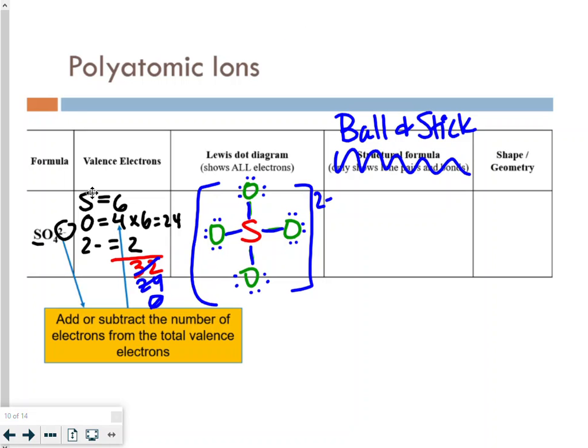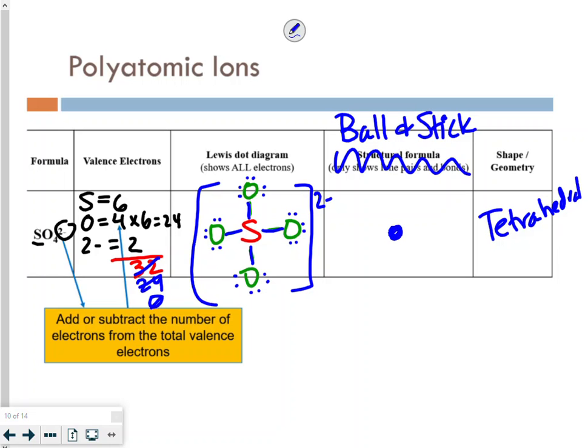Okay? Now, the ball and stick model, 4 things attached, no lone pairs. What are we going for? 4 things attached to the central atom, no lone pairs means it's going to be what shape? Tetrahedral. So we know that. Tetrahedral.